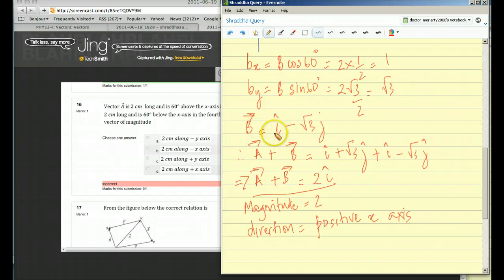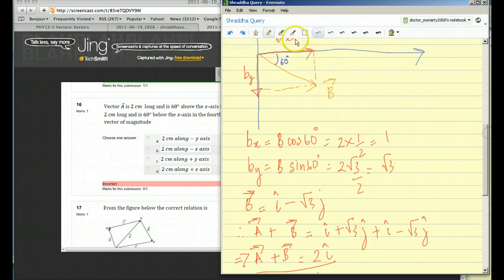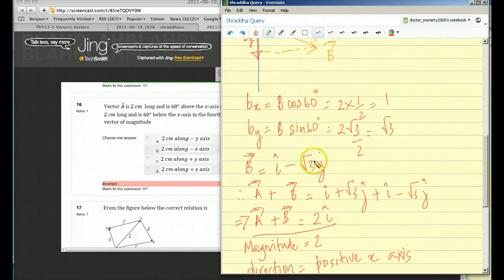Okay, so now let's write the B vector. So B in this case would be given by 1 times i, which is the positive x-axis since Bx points in the positive direction, minus root 3, which is the magnitude in the j direction, or which is root 3 times minus j. So B is given by i minus root 3 j.